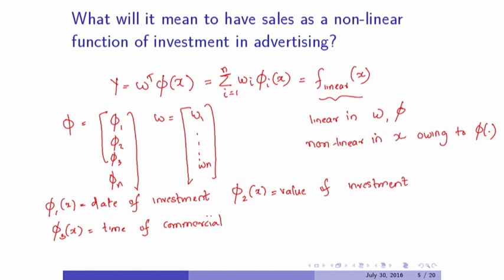You could also look at the duration of commercial and so on. So possibly my y indeed turns out to be a linear function of x mapped in this somewhat non-linear space. I mean, it's linear in the phi's in the eventual space, but non-linear in the x.